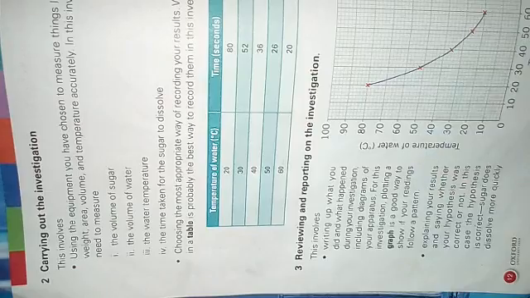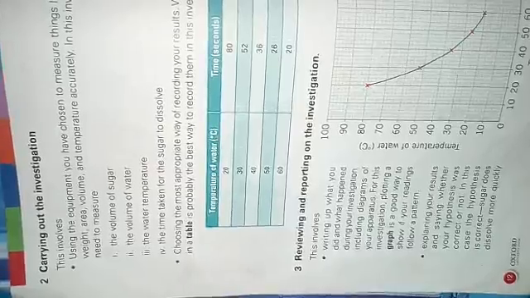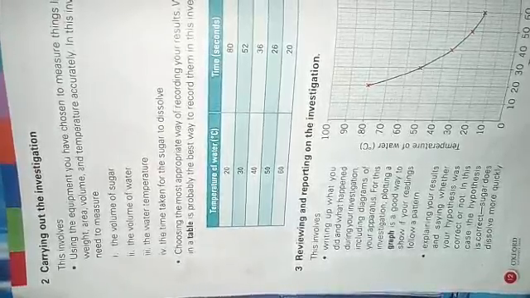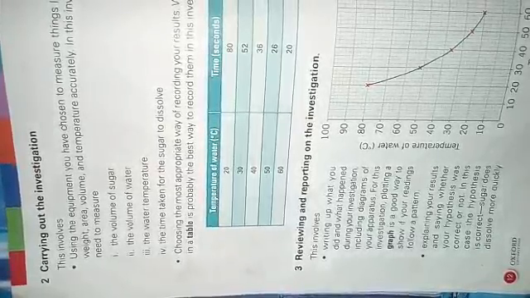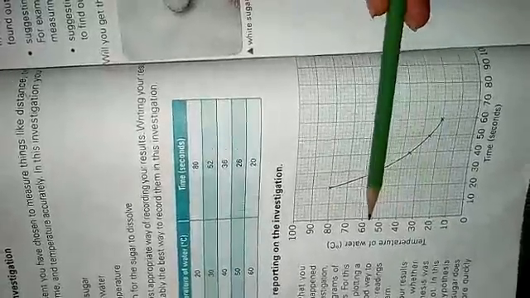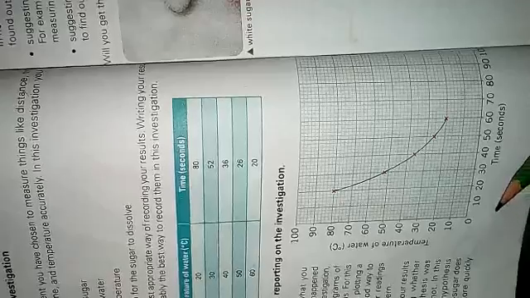And in this investigation we get results and show these results in the form of a table. So let's discuss this table. This table is explained in the form of a graph. Here temperature is given, from 0 to 100 centigrade, and perpendicular to it time is given, from 0 to 100 seconds.